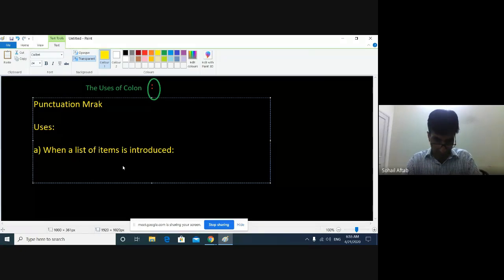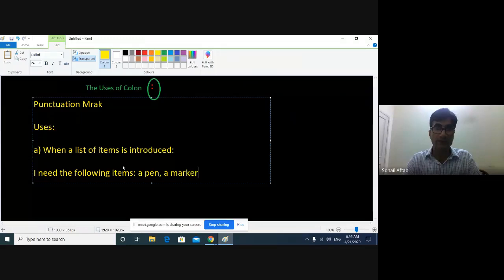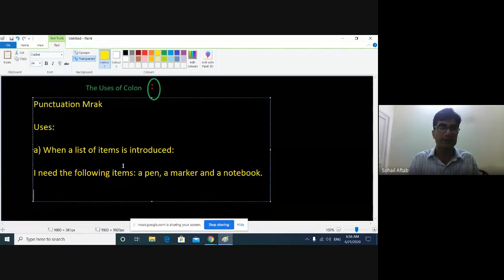For instance, here: I need the following items: a pen, a marker and a notebook. Okay, so here you are done. So in this construction, you have seen that colon, basically, if you have a list of items, you can use a colon. Okay, let's go ahead and understand the second rule.